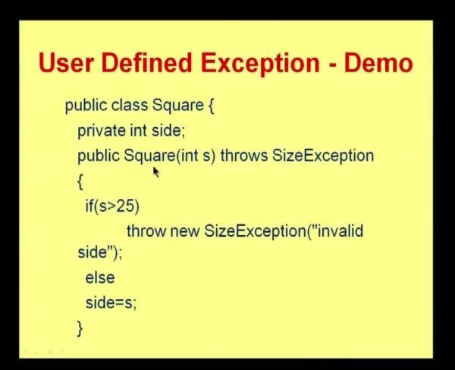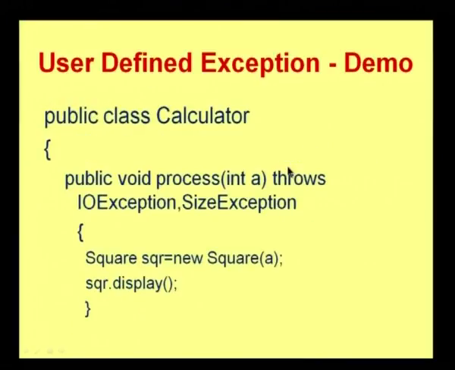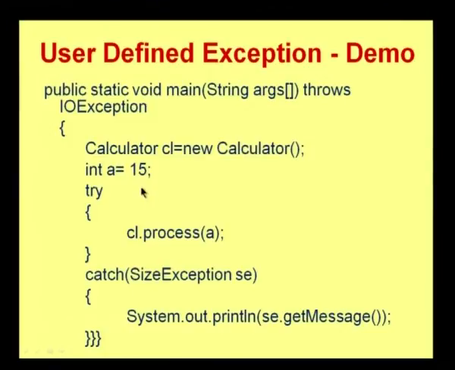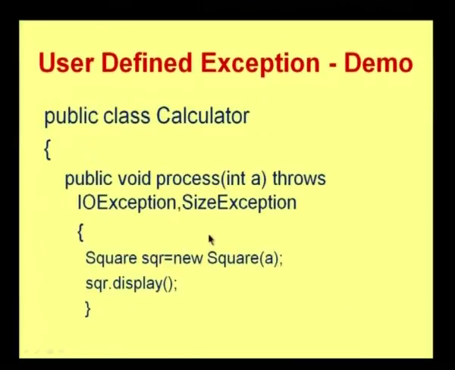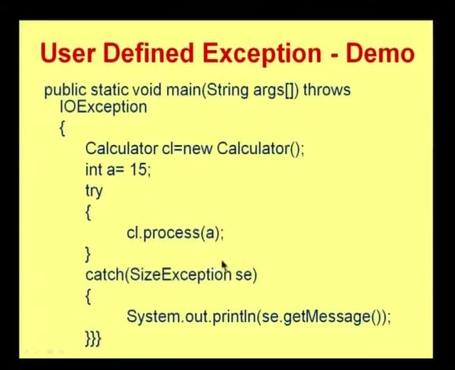The Square constructor is going to raise this exception, and in this case the programmer has written the handling mechanism. Whenever I call the Calculator's process method and assign the value, this will call the Square's constructor. Now a SizeException is raised and here I have caught the exception.